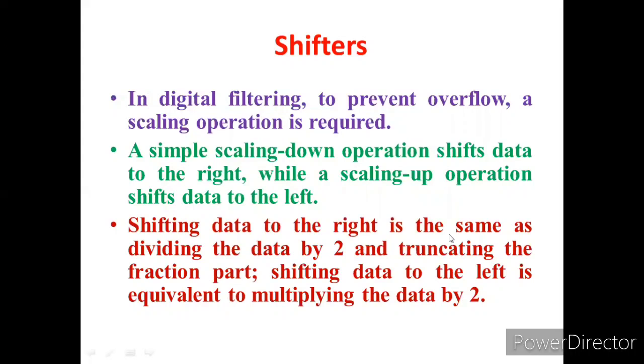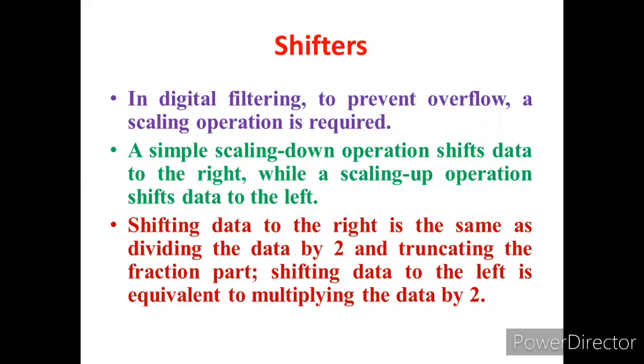Now, let us see the concept of the shifter hardware. In digital filtering, to prevent overflow, a scaling operation is required. Sometimes when we are performing operations, an overflow occurs, and to avoid that, we use a scaling operation. A simple scaling down operation shifts the data to the right, while a scaling up operation shifts the data to the left.